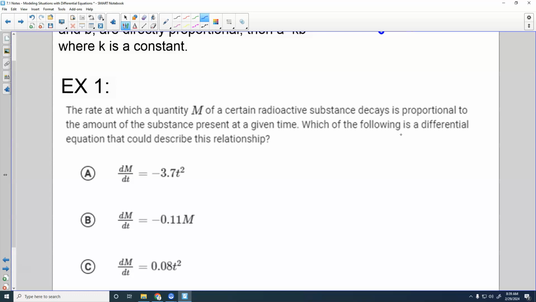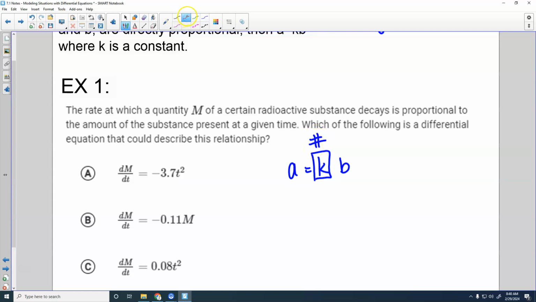This is really going to be a reading exercise more than a mathematical exercise. When we see something is directly proportional to something else, we have A equals K times B. K right here is some sort of constant. We don't really know what number that is because they didn't give it to us.